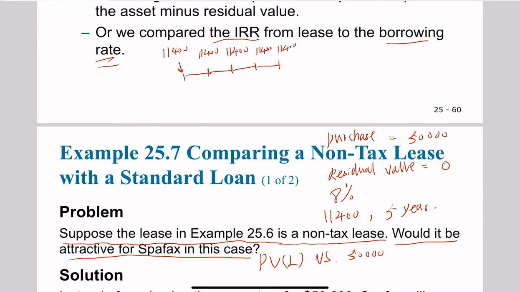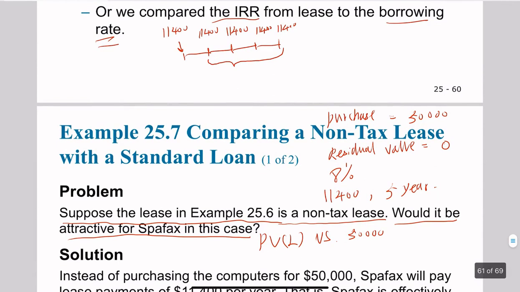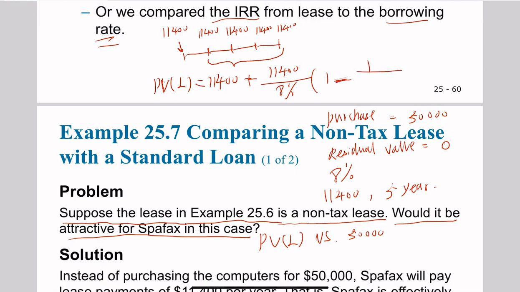So what you can see here is this is an annuity, right? And the present value of the lease payments is the first lease payment plus 11400 divided by the 8% and 1 minus... I almost forget the annuity formula.